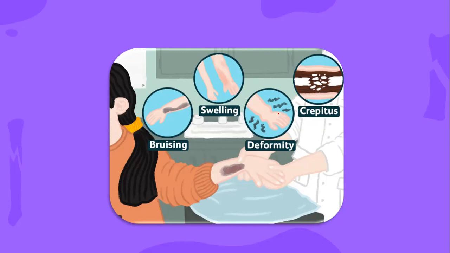And when there are a lot of fragments inside a fracture, we can also hear them, not only feel them. That is what crepitus is, right? You already know this.